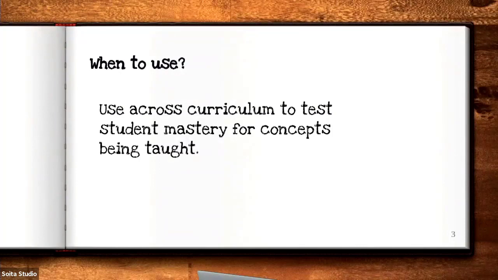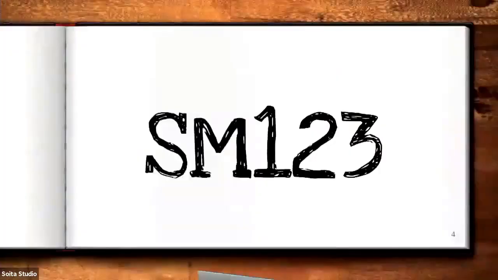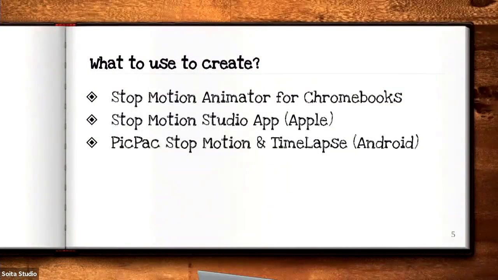A lot of people ask when you can use this, because they think, I don't see why that would be fitting for my class, but really it can be used across all subject areas, and it's a great way to test students for mastery on concepts that you've taught. So let's take a look at some ways that we can use stop motion animation to create.